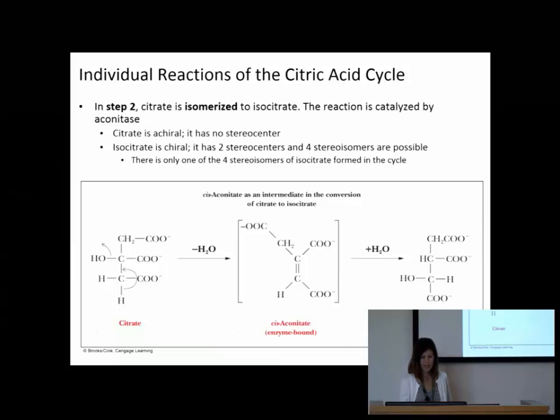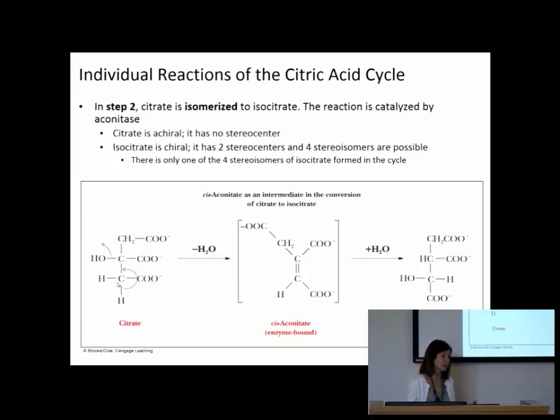Just like you would do this in lab, you would remove an alcohol and then remove water, put a double bond in, and then add water to put it in a different spot. So this is what we're doing in this mechanism. I'm not going to ask you to remember that, but it's an isomerization. You don't just pop it off and pop it back on. There has to be some sort of mechanism. That's why I'm showing you this.